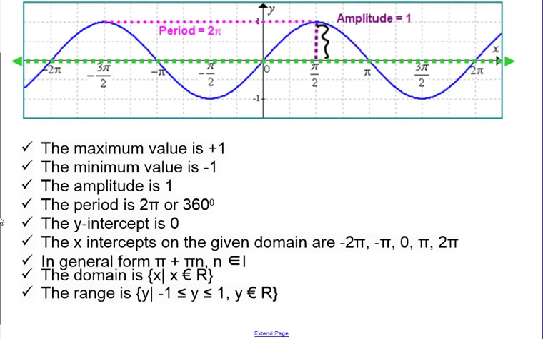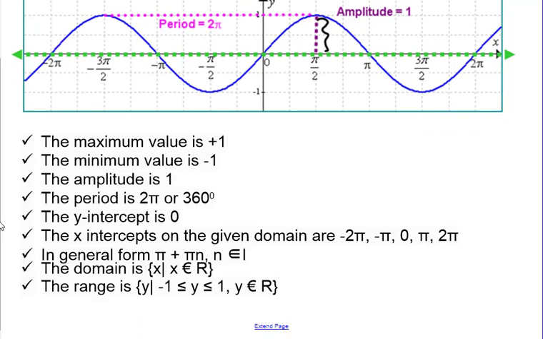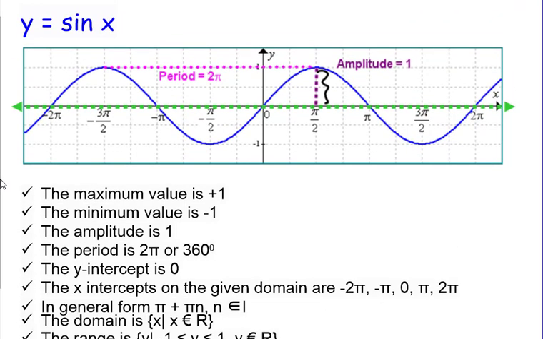That would also be an amplitude. The period is 2 pi. So if our graph starts at 0, as we go along, it doesn't look the same again until we get to 2 pi, and then it would start to repeat itself. That's an example of what the period is.